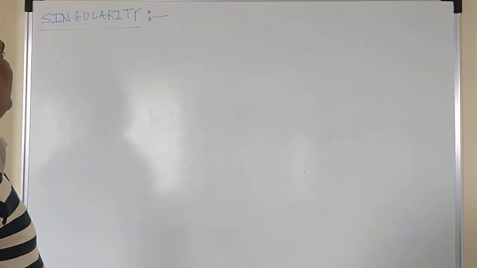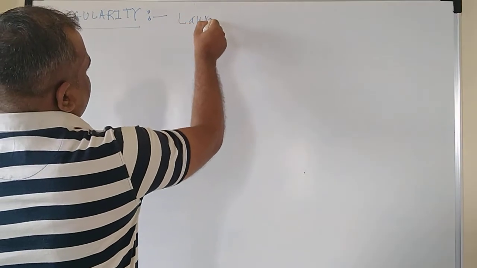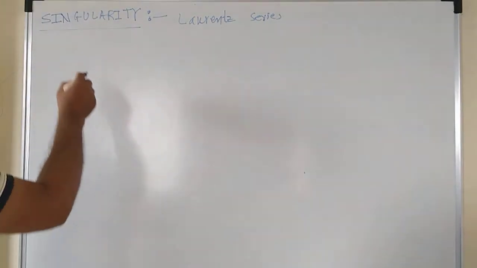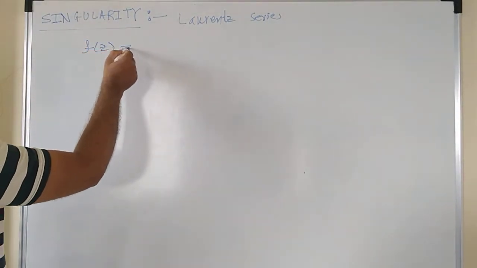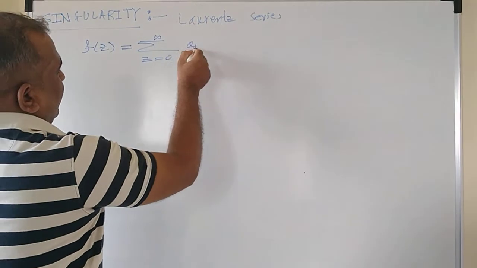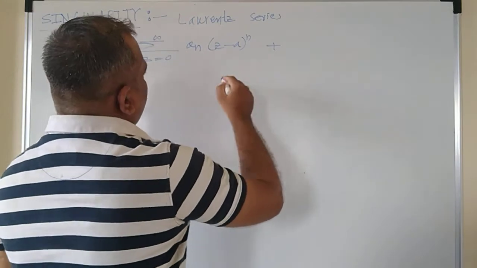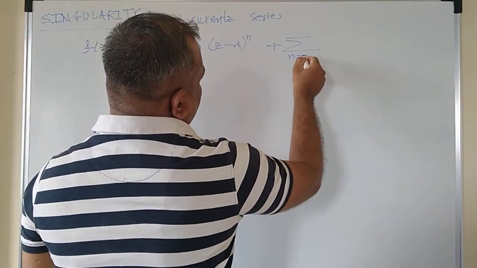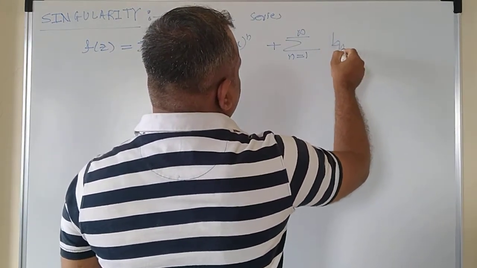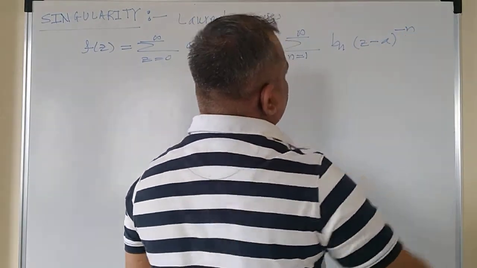Now basically, to understand these types of singularities, you must know the Laurent series. And what is the Laurent series? The Laurent series gives a formula: f of z equals summation n equals 0 to infinity a_n into (z minus a) raised to power n, plus summation n equals 1 to infinity b_n into (z minus a) raised to power minus n.